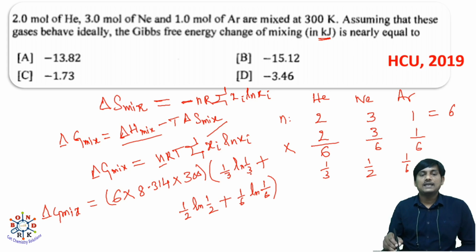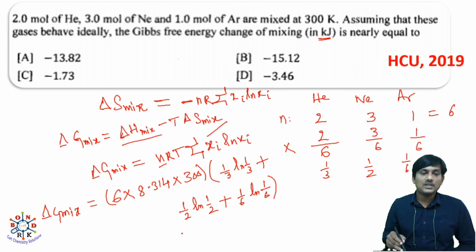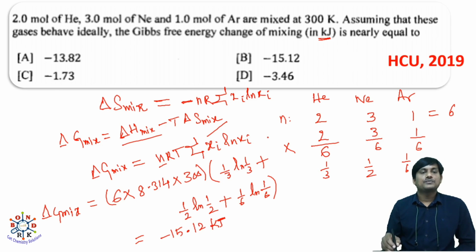So if you take the natural log of 1 by 3, 1 by 2, 1 by 6 and calculate, you will get around minus 15.12 kilojoules. So this is the answer, minus 15.12.